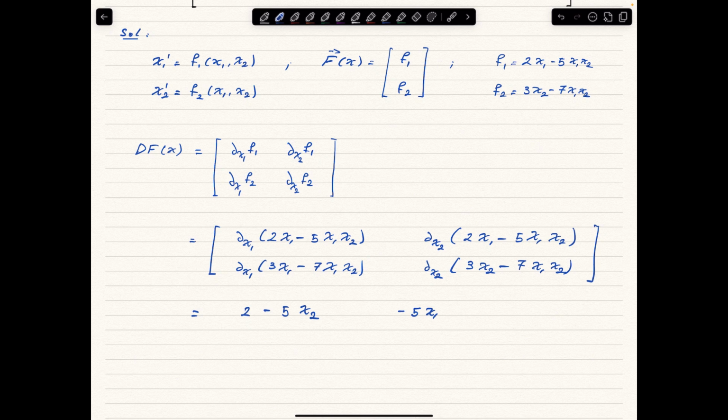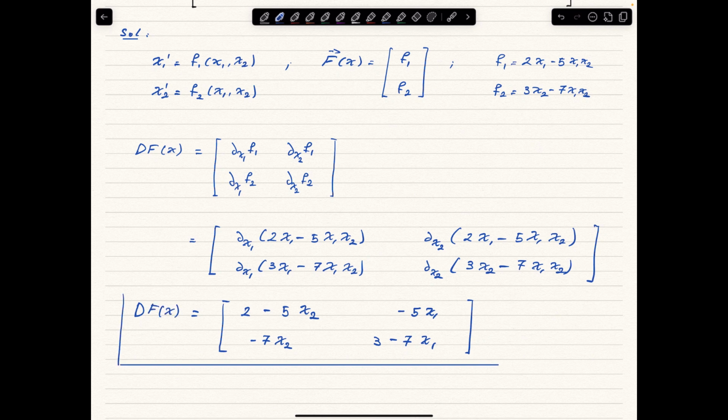Down here we obtain negative 7x2, and here is going to be 3 minus 7x1. And you see this is the derivative matrix, which is not constant, it is a function of the point x. Okay, we got the derivative matrix.